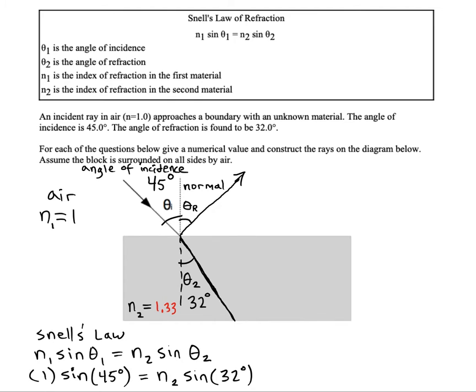There are still more rays to draw, though. Upon reaching this boundary between the material and air, we can again have both reflection and refraction. So to sketch the reflection, we'll want to draw a normal to the boundary.